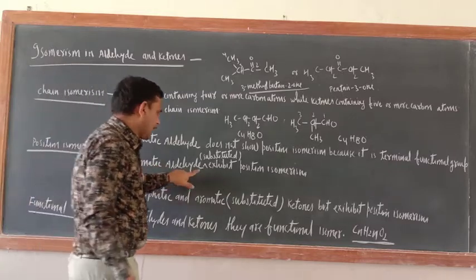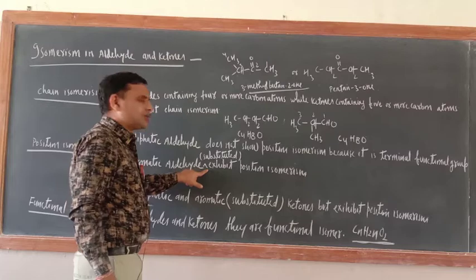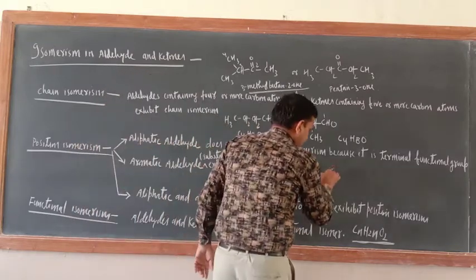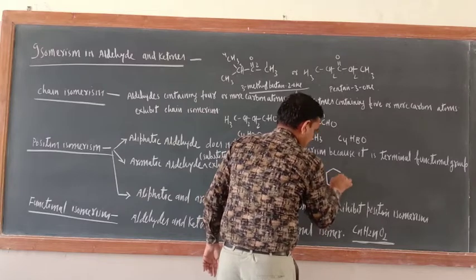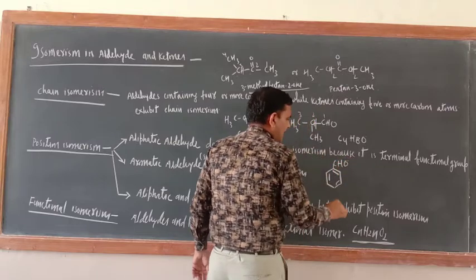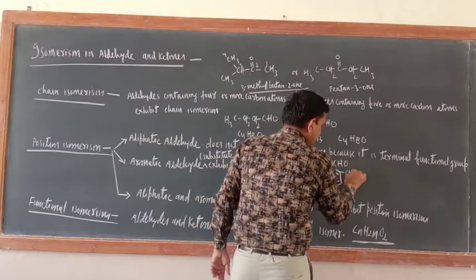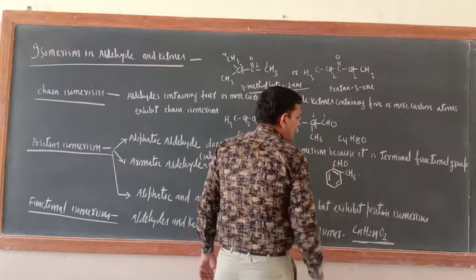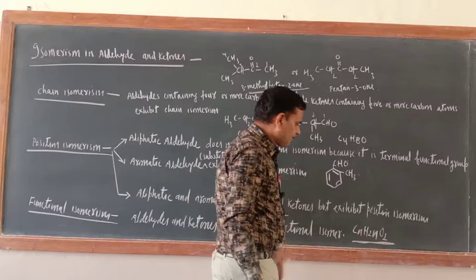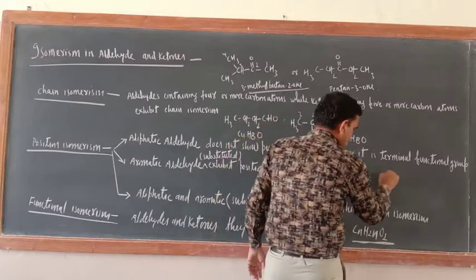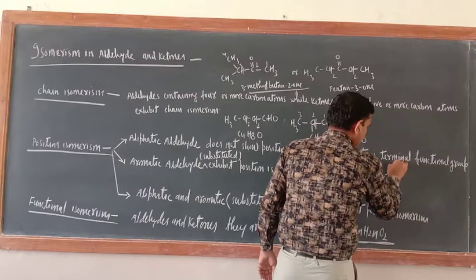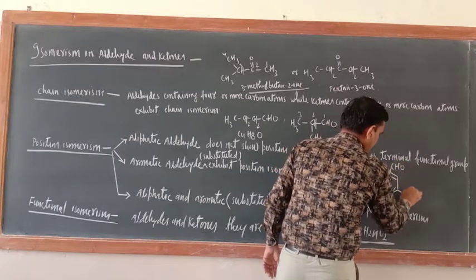Aromatic aldehyde, what kind of aromatic aldehyde? Substituted aromatic aldehydes exhibit position isomerism. Just see this compound. What is the name of this one? Benzene carbaldehyde, or this is 2-methyl benzene carbaldehyde or 2-methyl benzaldehyde. Now we can write this one like that also: the position of the substituent will be different, now at the 3 position.